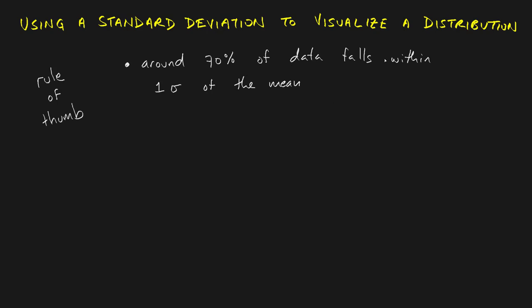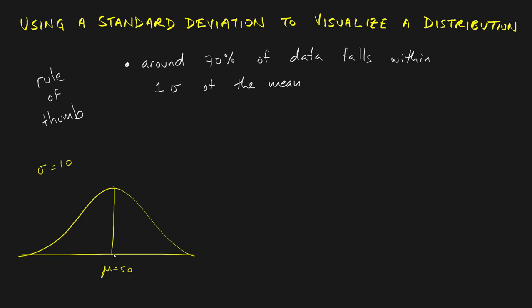So what that means is, let's say my distribution looks like this, and I have my central tendency, I've got my mean, and the mean is equal to, I don't know, 50. And I know that the standard deviation is equal to 10, for example. 70% of my data should fall within one standard deviation of the mean.